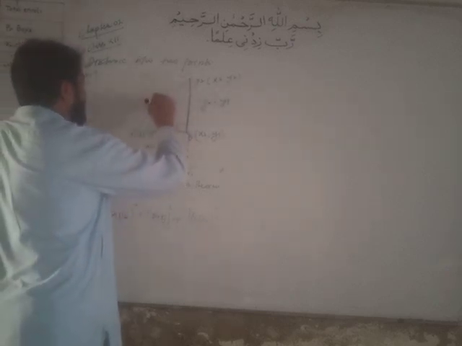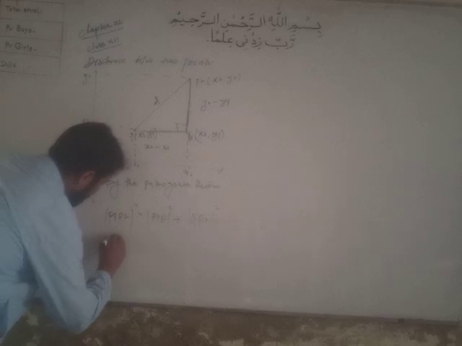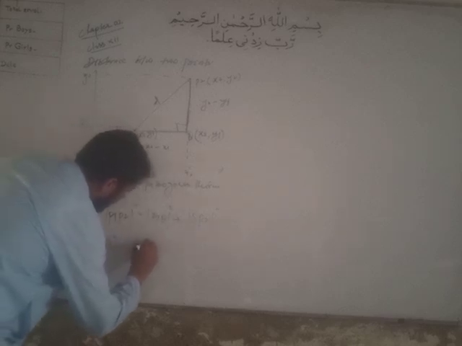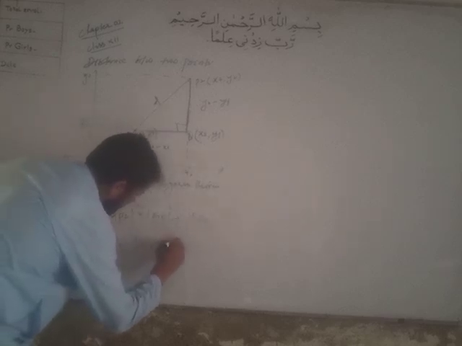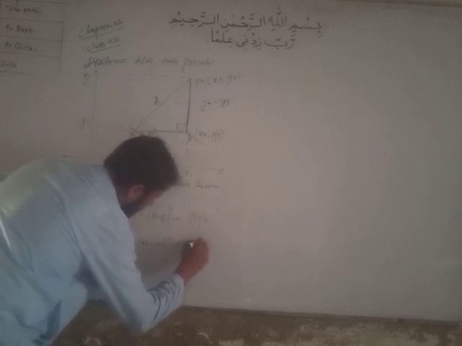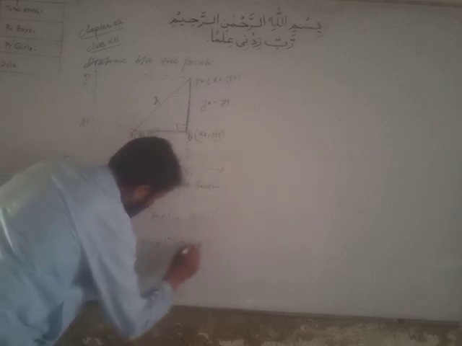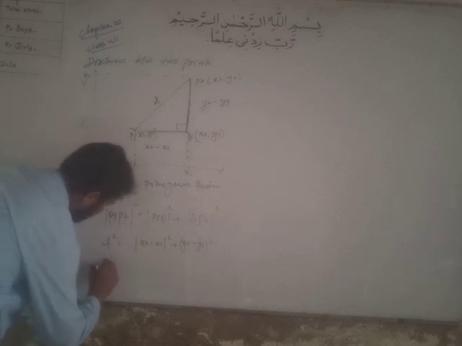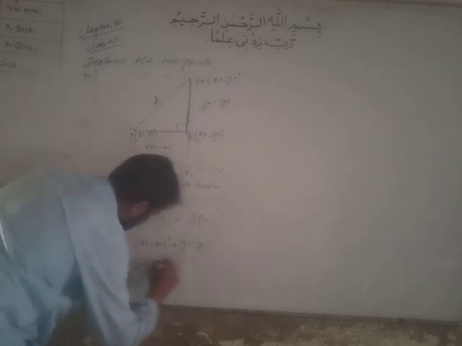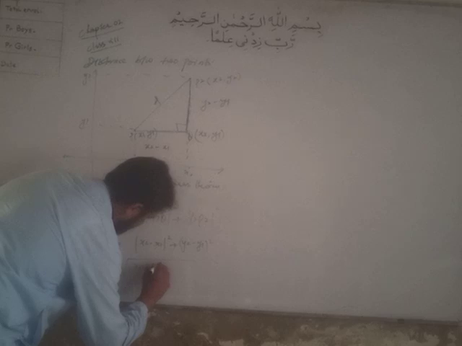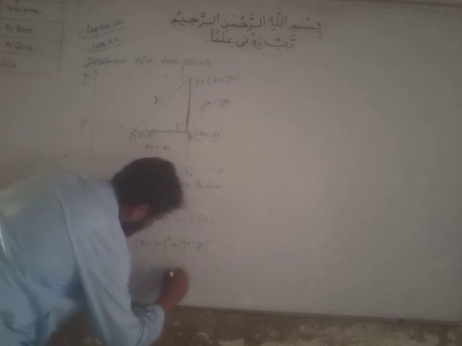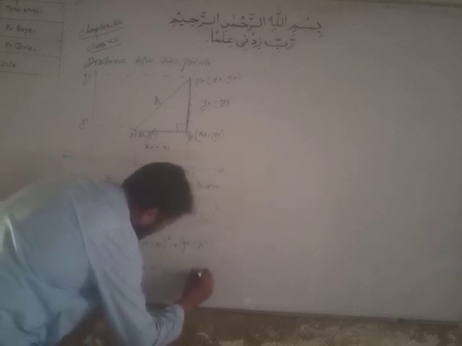Here we have P1 and P2, and this is the distance, which we call D. So D square is equal to x2 minus x1 whole square plus y2 minus y1 whole square. Taking the square root on both sides, D is equal to under radical x2 minus x1 whole square plus y2 minus y1 whole square.